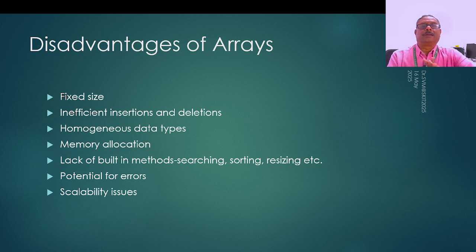So these are some of the disadvantages, and some of them can be overcome through another type of data structure, which we usually refer to as a linked list. This is going to solve the problem of fixed size. In some cases, insertion and deletion can become fast, the memory allocation problem can be solved, and scalability issues will also be taken care of.